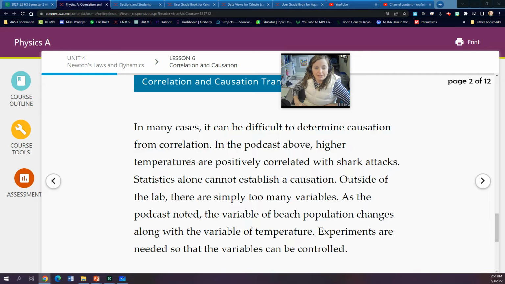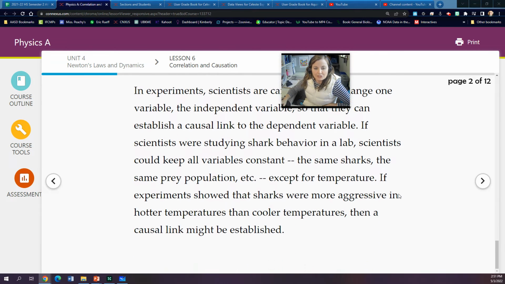In order to directly determine if something's causing something else, you have to isolate the variables. You have to have them in a laboratory type setting where you can control everything except for the one variable that you're testing. And in that situation, you can more easily determine if there's actually causation.